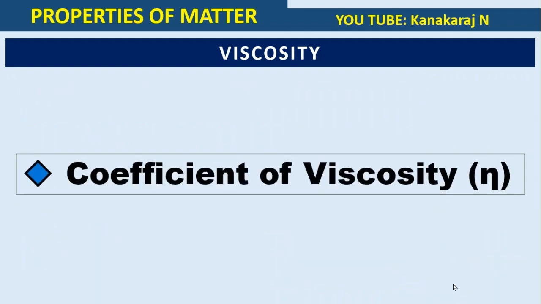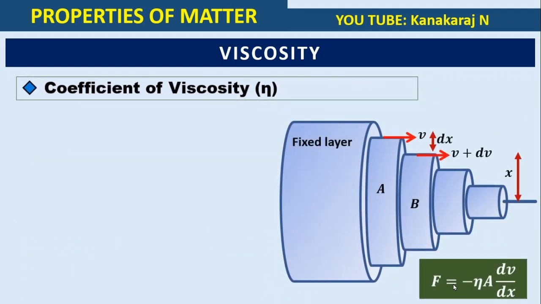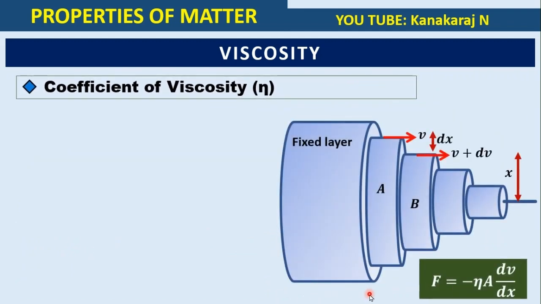Coefficient of viscosity eta. Let us take the value of eta from the given formula F equals minus eta A dv by dx. So we get eta equals F divided by A times dv by dx. Let us consider A as 1 unit and the velocity gradient dv by dx as 1 unit.